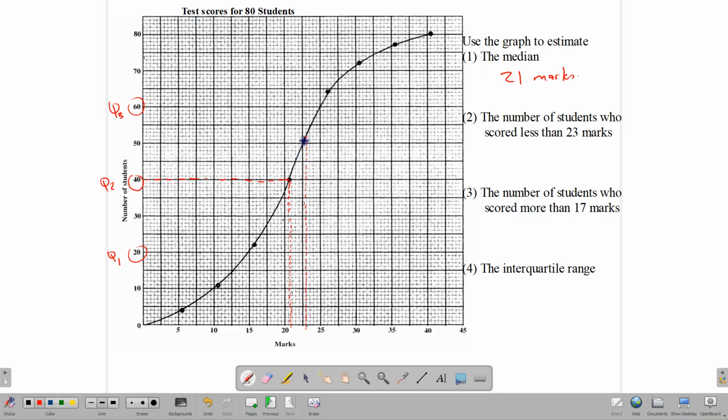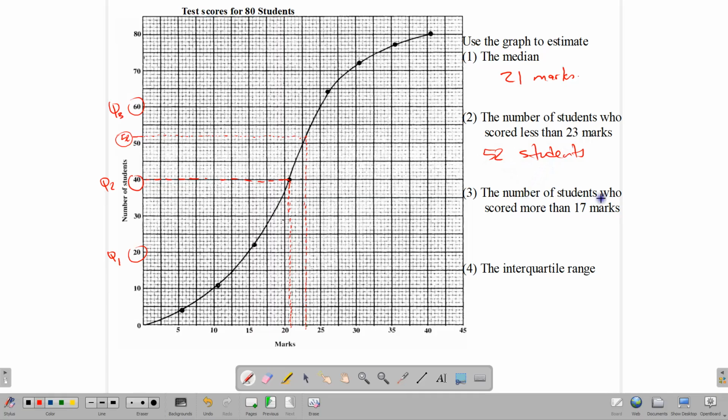Very good. Now let me go across with this, and it's going to tell me the number of persons who got less than 23 marks. Right now I'm getting 50, 51, 52. So it's telling me that 52 students got less than 23 marks.